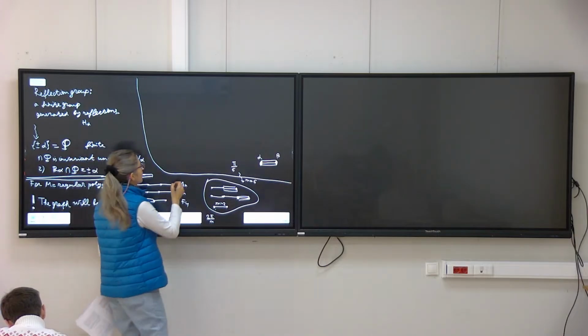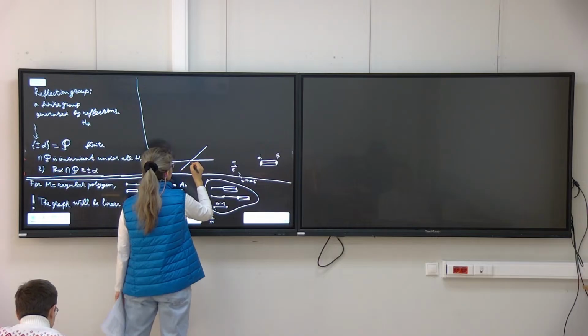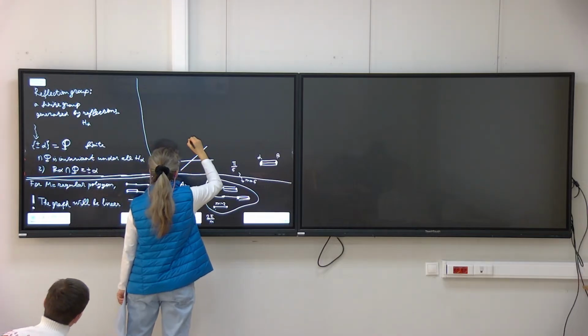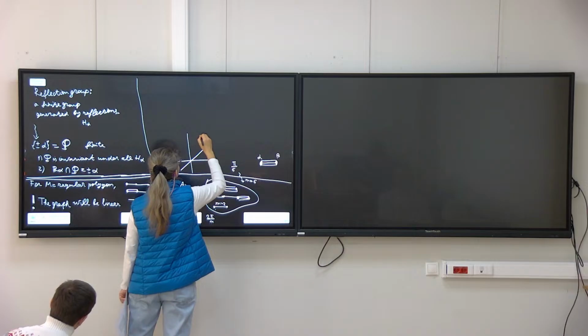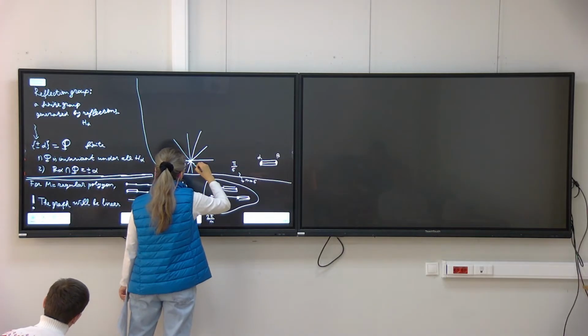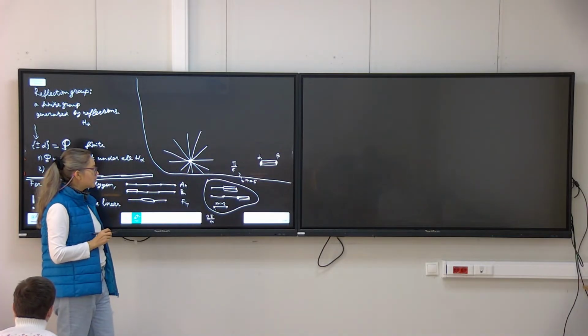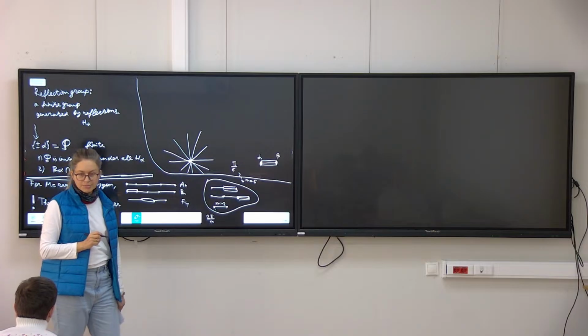Okay, so we have m lines. Let me draw 6 lines. So these are 6 lines which correspond to some root system.